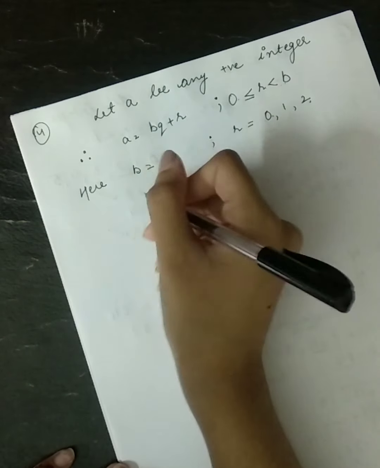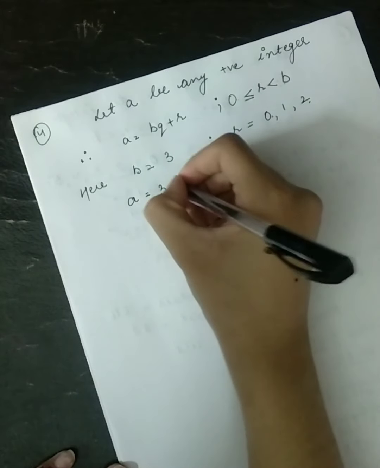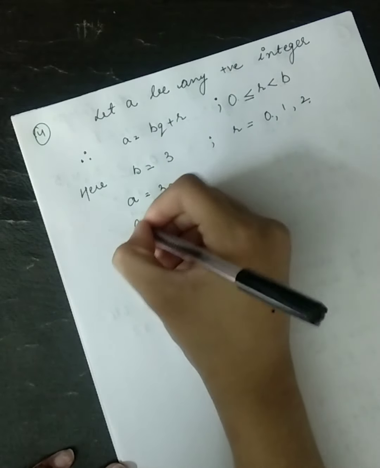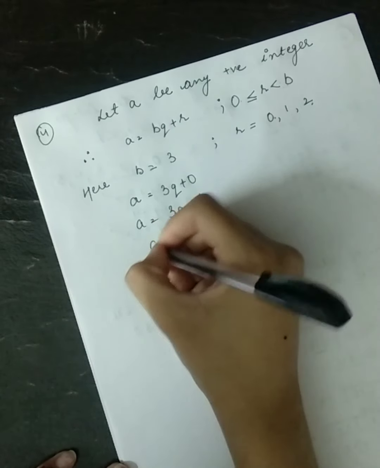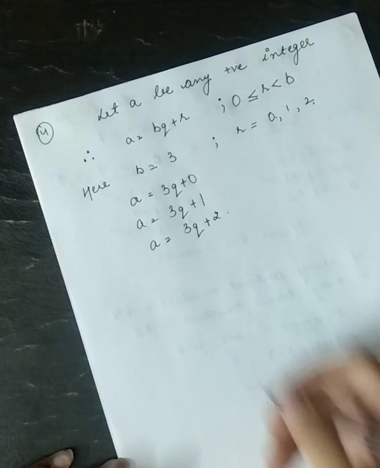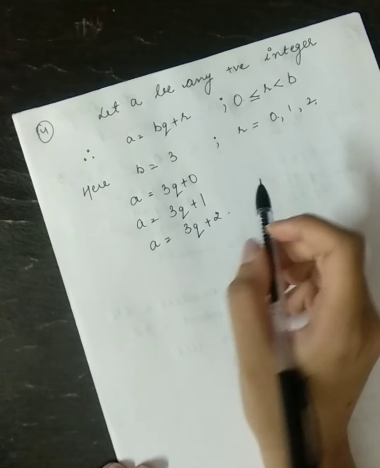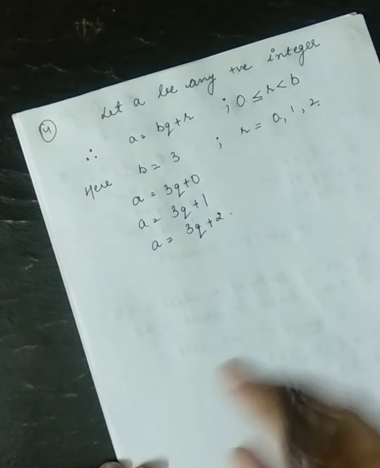Let's start with it. a is equal to bq plus r, a is equal to bq plus 1, a is equal to bq plus 2. These are the forms, but they have asked us to show the square of these positive integers.